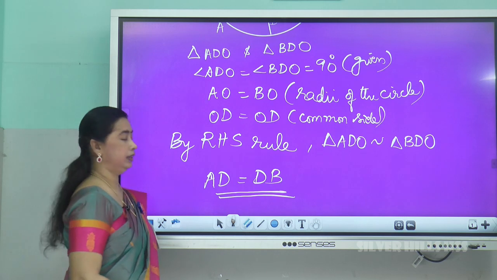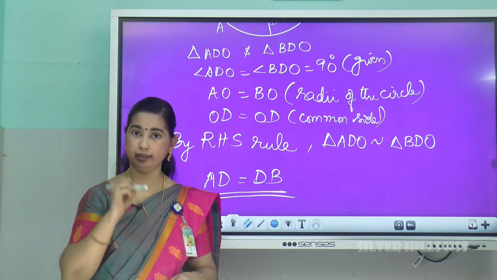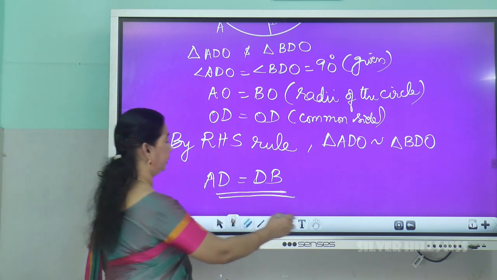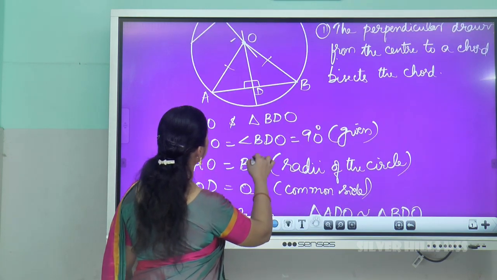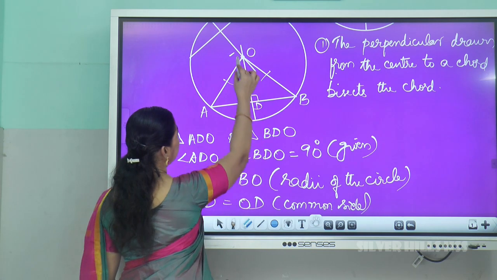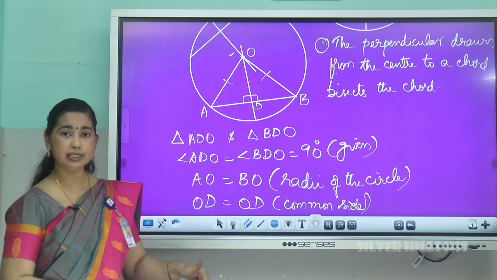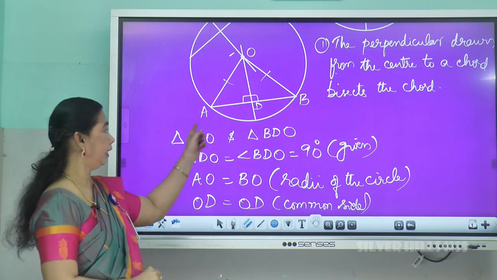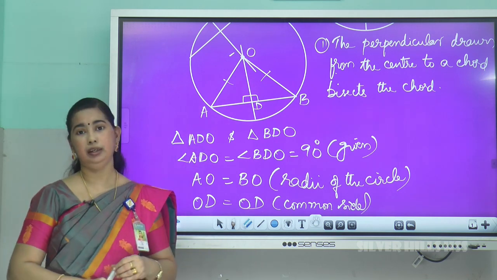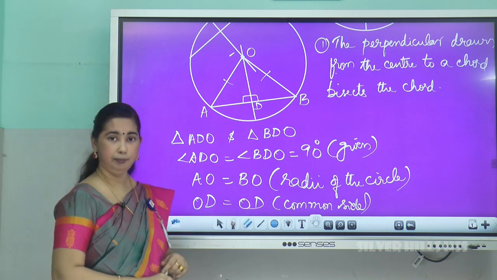That means the perpendicular drawn from the center to the chord bisects the chord. See here, OD is the perpendicular from the center to the chord. It bisects the chord. We have got that AD is equal to BD. So D is the midpoint.